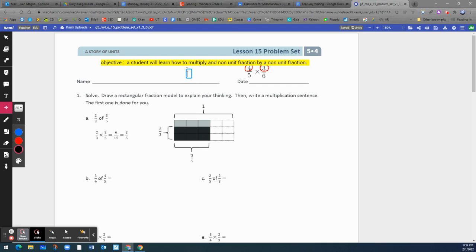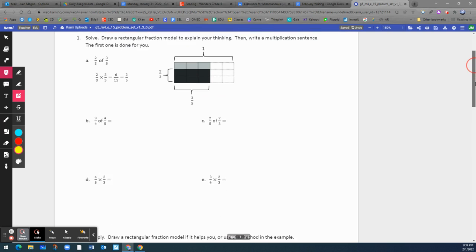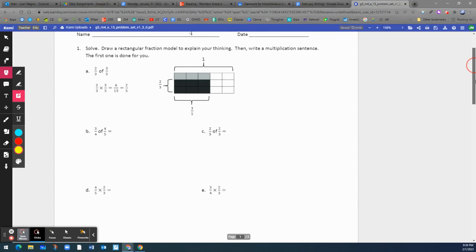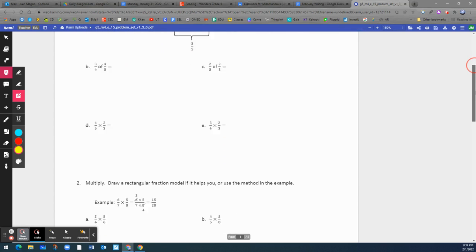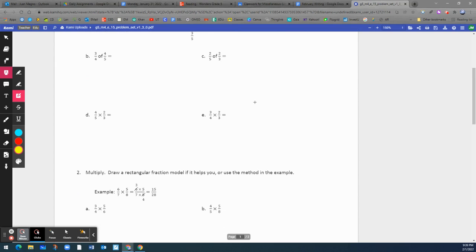In this lesson, we're not going to multiply fractions that have a unit on the top. That means a 1. Okay. All right, let's get right to it. I'm going to skip the example and look at letter B. If you do the math right away, you know that number is 3/4, and of means multiplication.